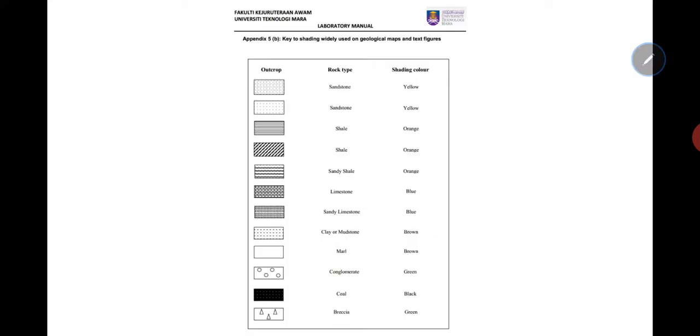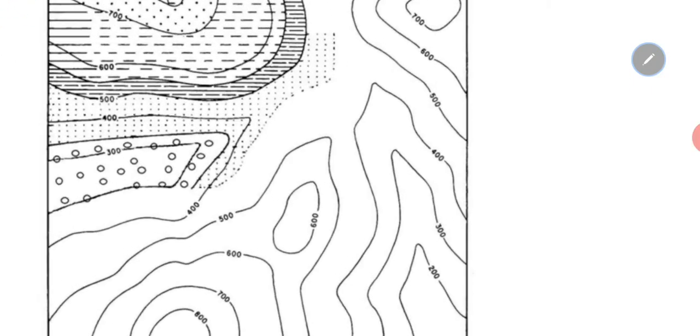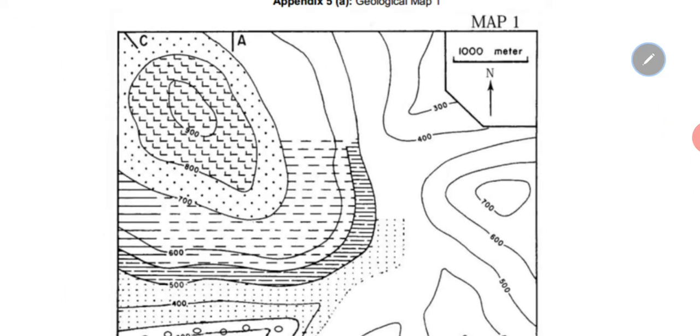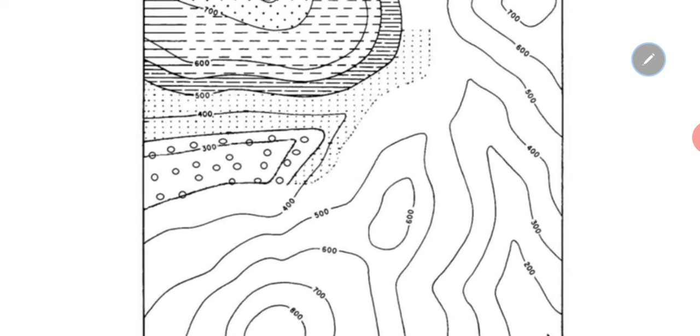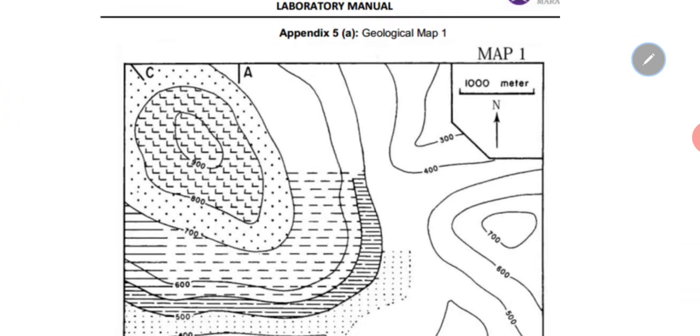What you need to understand is the contour lines and all of the information on this map. The first thing, we have all of these lines, the line here, and you have the number 900 there, then the next line which is 800, and then 700 and so on.